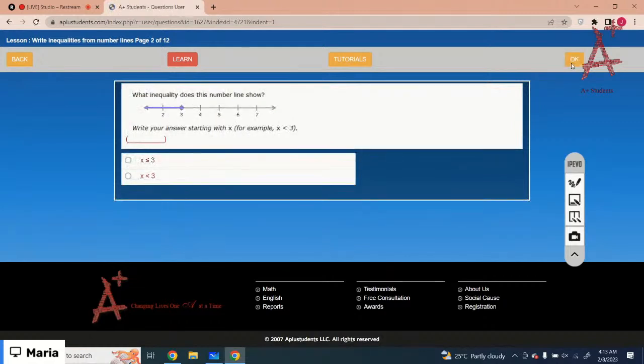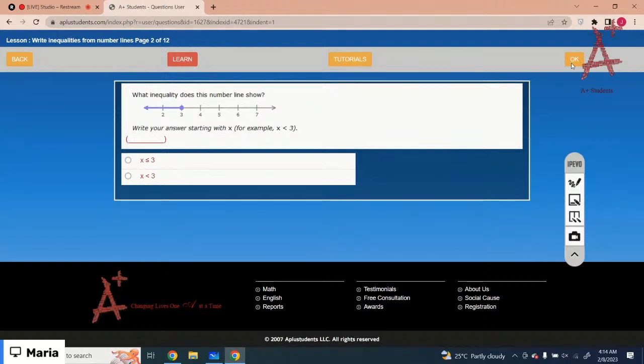Okay, the next one is what inequality does the number line show? So which option is the correct option? We have a filled in circle at 3. That means 3 is also included in the graph, and the graph is pointing at the left hand side. That means all the values are less than 3.